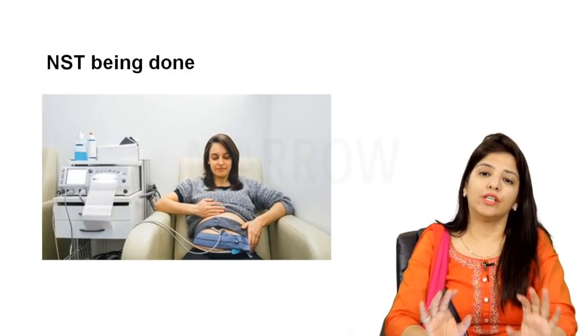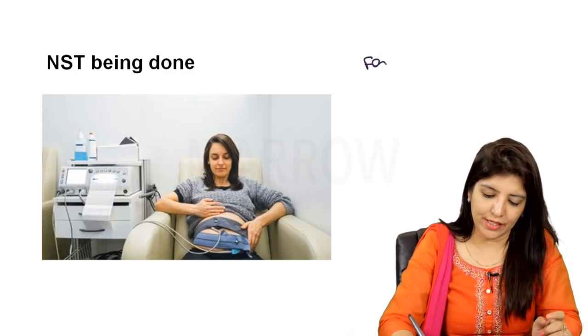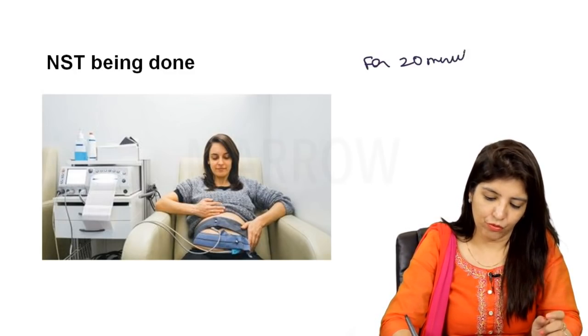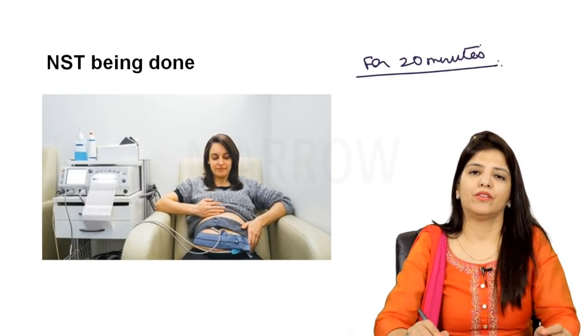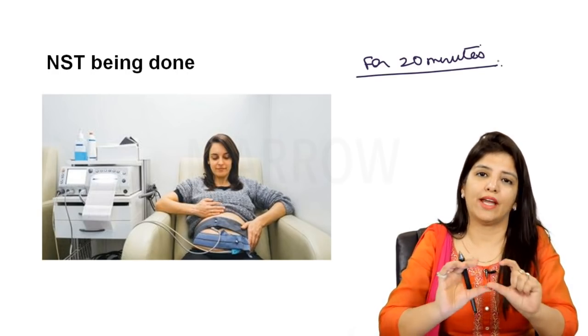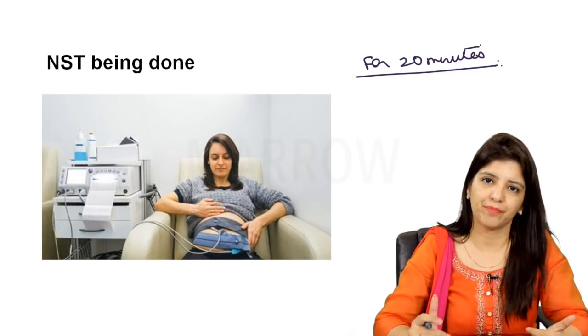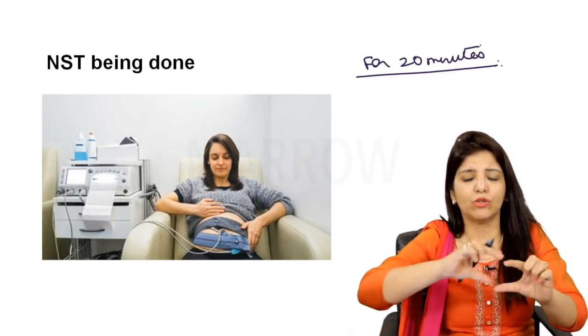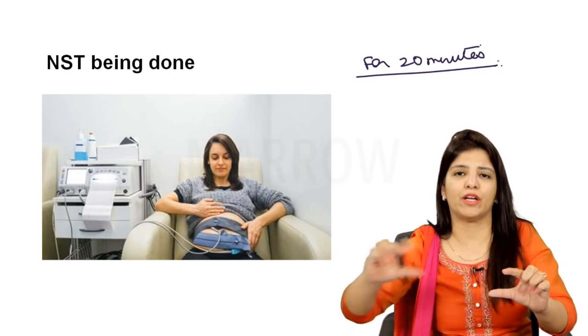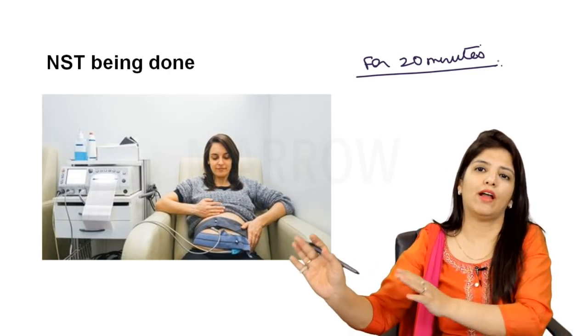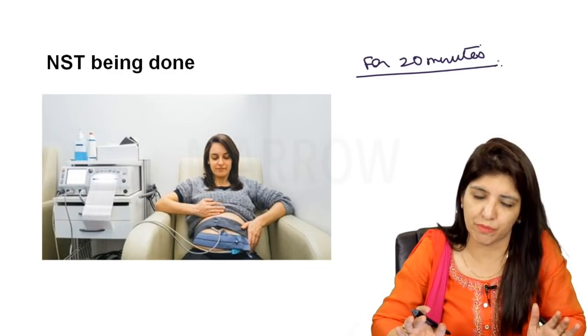And this you are going to do for 20 minutes. For 20 minutes, the NST machine is continuously going to record the fetal heart rate, so you will get a strip with the fetal heart rate, like you get the ECG strips.